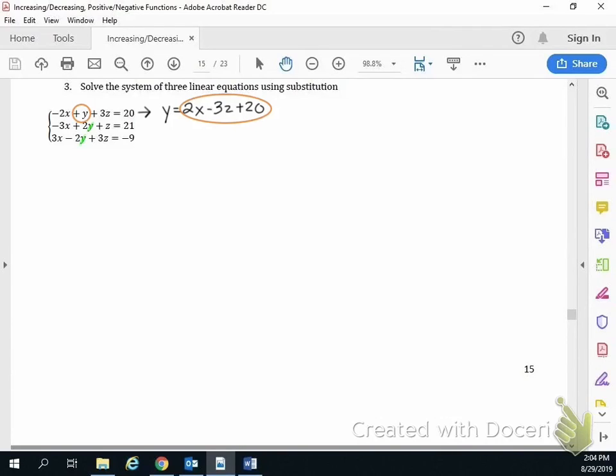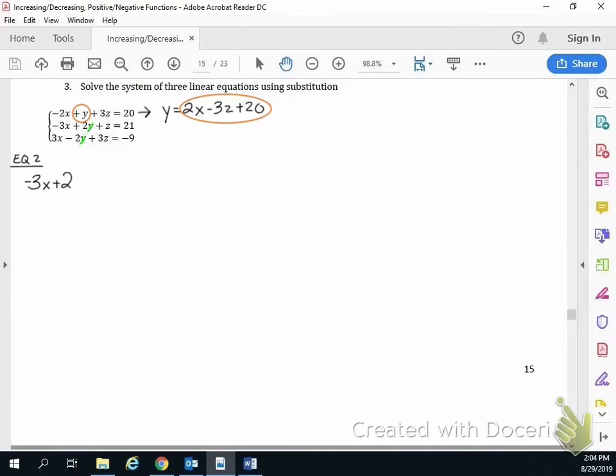So first, let's do equation 2 right here. Looking at equation 2, I've got negative 3x plus 2, oh sorry, not y.